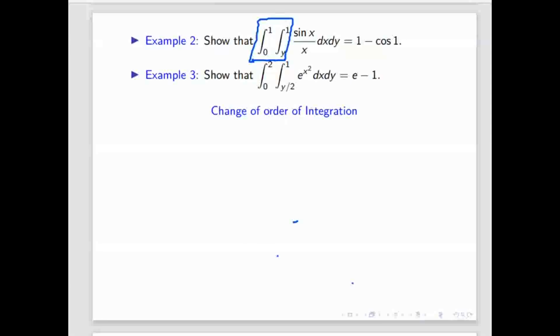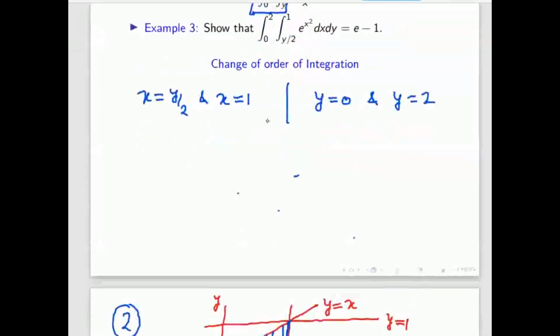So first I will write what the limits are. The limit of x is given: x equal to y by 2 is the lower limit, and x equal to 1 is the upper limit. Similarly, y is from 0 to y equal to 2. So I will draw this picture here. So x equal to y by 2 means y equal to 2x.